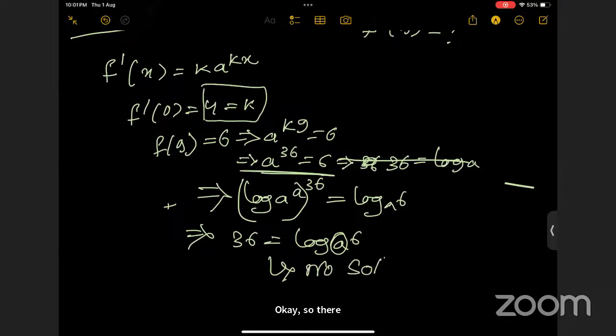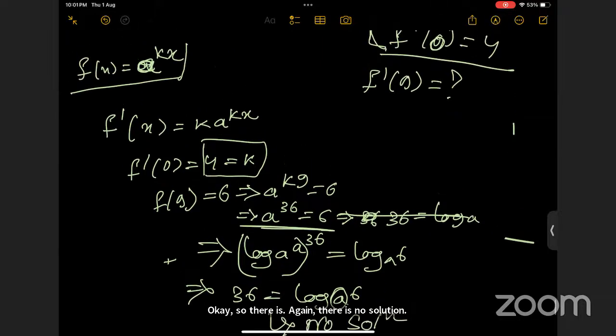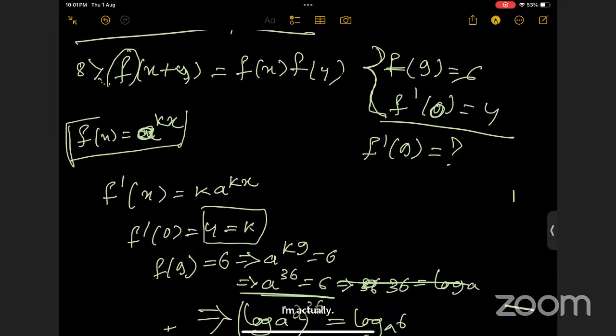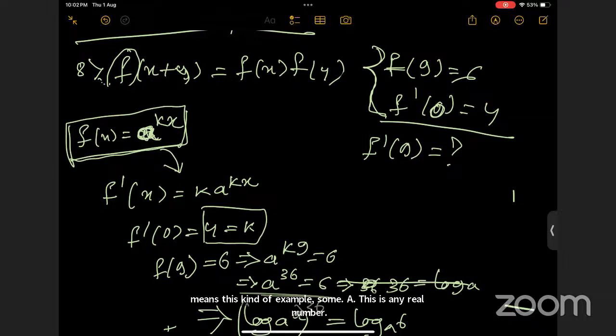But you know what, ma'am? In the activity, the answer was given as 24. Ma'am, the actual thing is, that means this type of example we cannot consider here. That conclusion we can make only from this: this kind of example, where a is any real number, we cannot take for this problem.